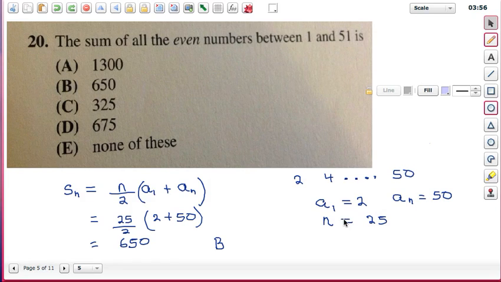There are altogether 25 numbers because it's every other. The first term would be 2 and the last term would be 50. Plugging it into your formula, you have 25 divided by 2 times 2 plus 50, and you can use your calculator to figure this out, and it's 650. The final answer is B.